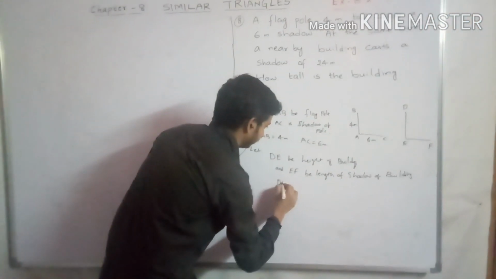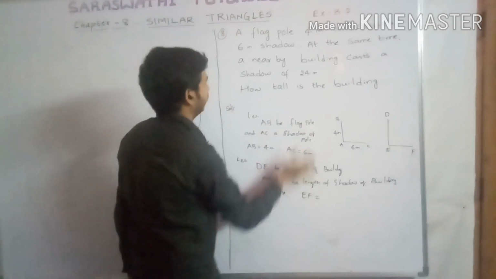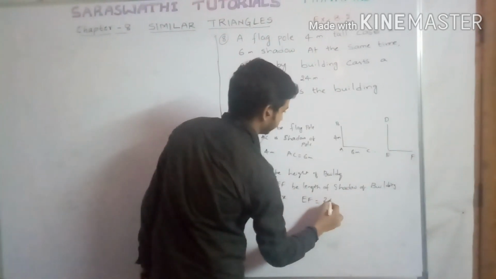Let us take DE equal to x, and EF is given in the question, so the length of shadow is 24 meters.